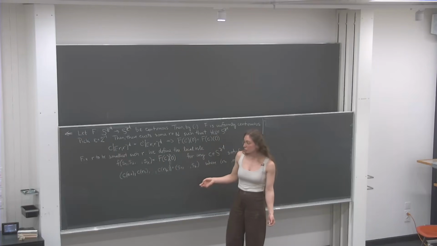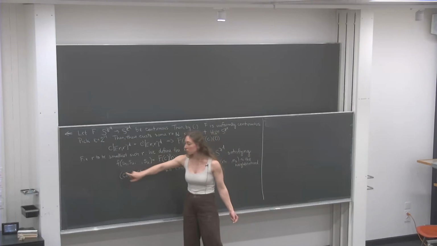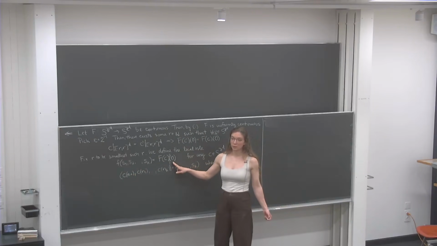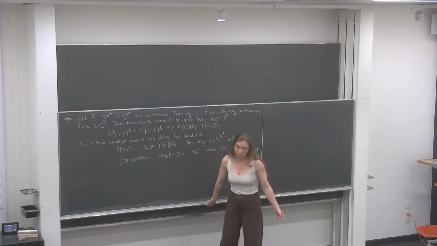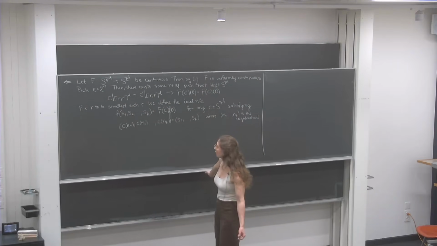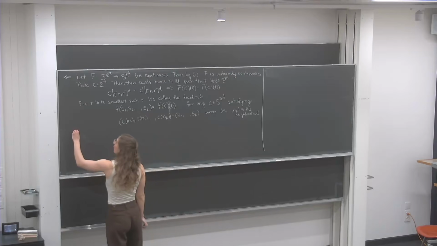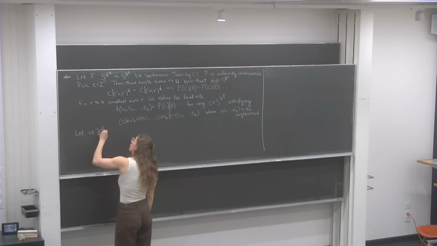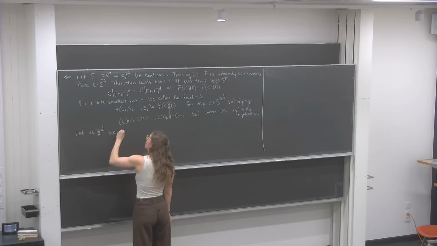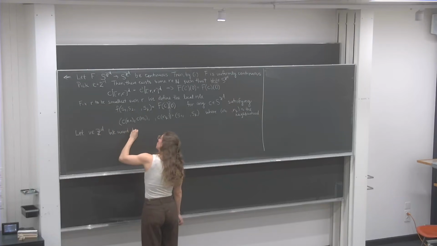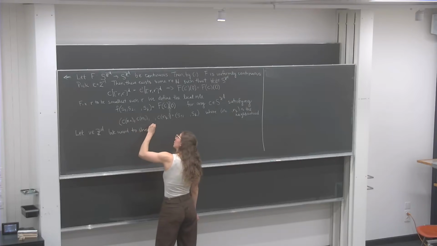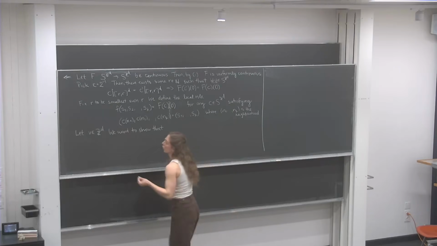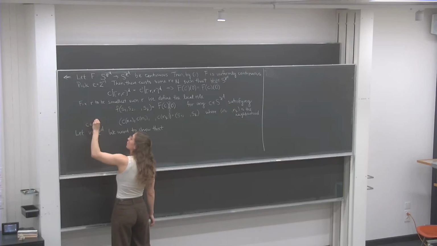And now in order to verify that this is really a local rule of a CA with radius r, we have to verify that this holds not only for the origin but for an arbitrary position, right? So let v be an arbitrary vector, and let C be an arbitrary configuration.